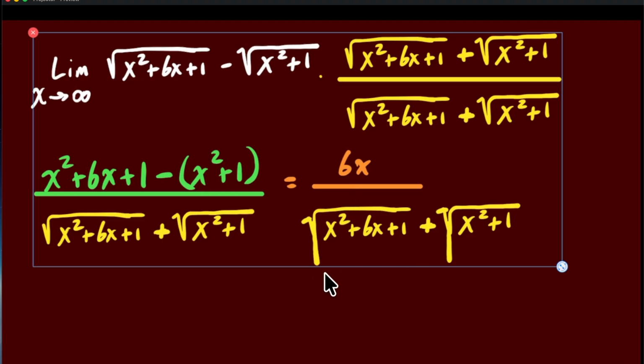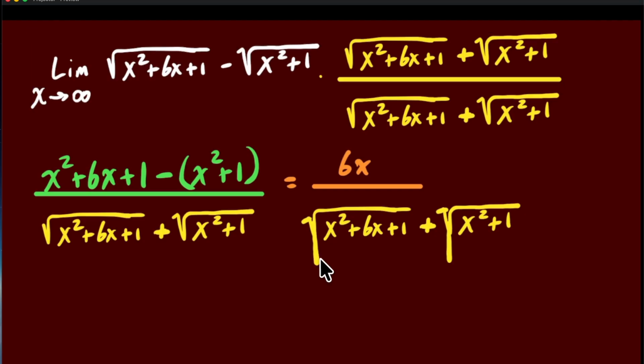Okay, folks, now here's where it gets interesting when you're dealing with radicals. We're going to divide by the highest degree in the denominator. So here we would be dividing by x squared. But that x squared is under a radical, so we're not really dividing by x squared.